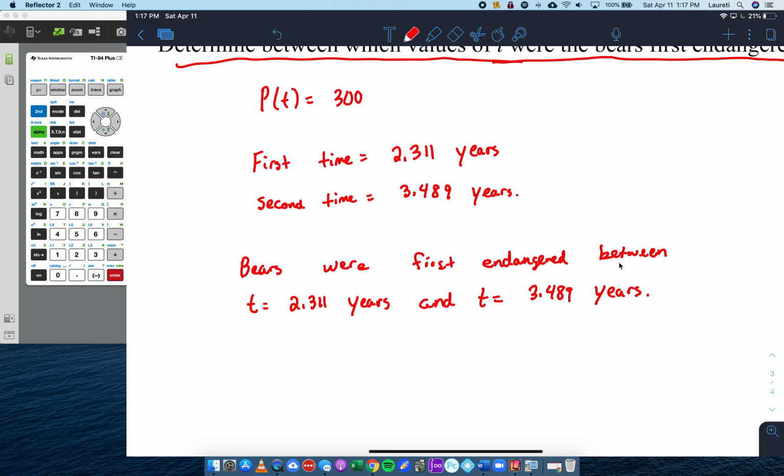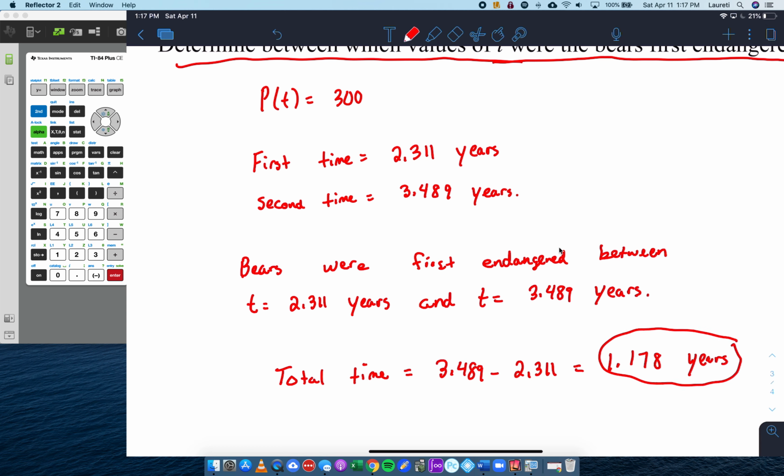You could also say the total time that they were endangered, you just do that math real quick, is 1.178 years.